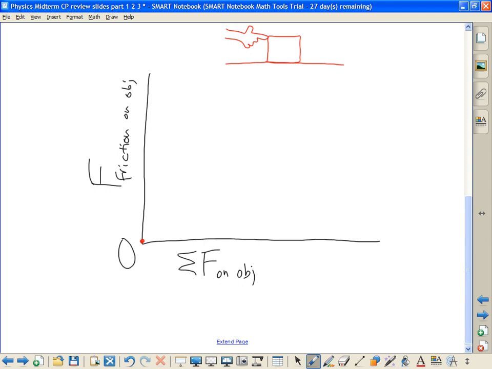For a while, when we pushed on the object, the force of friction increased as well. Until a certain point. And after a certain point, yes, we found that.